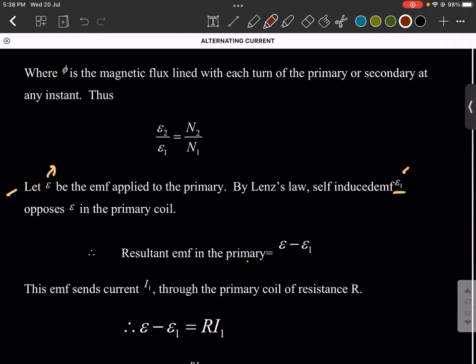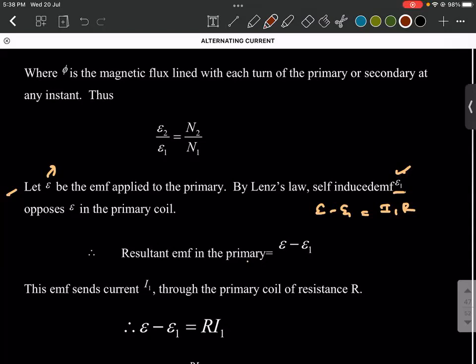Now what will happen is this E1 that is getting generated at the ends of the primary coil will oppose the cause, that is E. Why? That is according to Lenz's law, right? In such a way that the net EMF now is not going to be E1 or E, rather it will be E minus E1, which I will call I1 into R. It means the net EMF is the EMF due to the AC source plus the back EMF, that is the self-induced EMF.